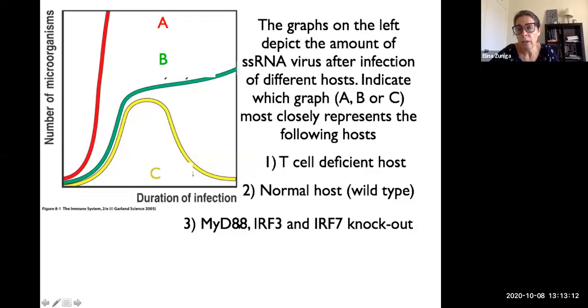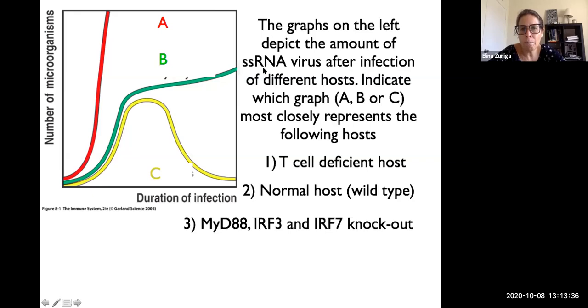In addition, like any virus, this virus will produce double-stranded RNA in the cytosol when it replicates inside the cell, right? Viruses don't replicate in the endosome, they replicate inside the cell, in the cytosol or the nucleus.